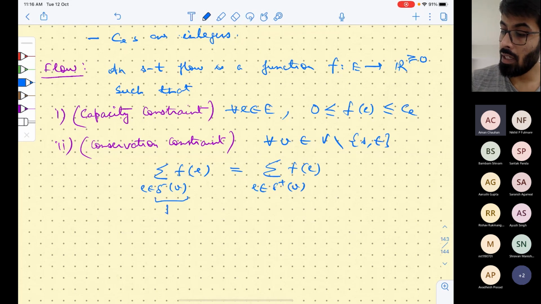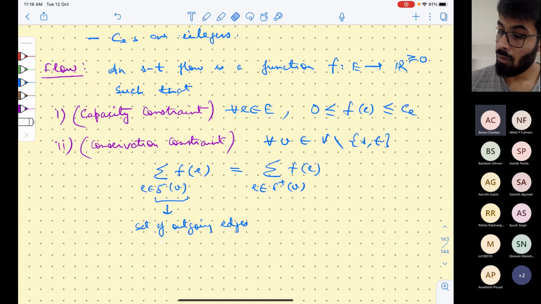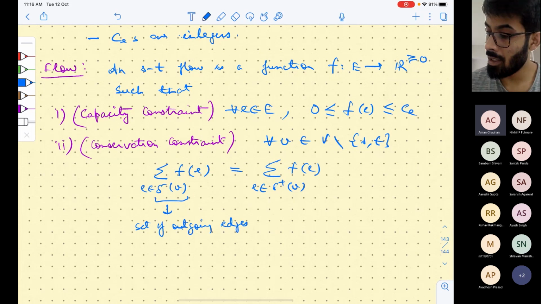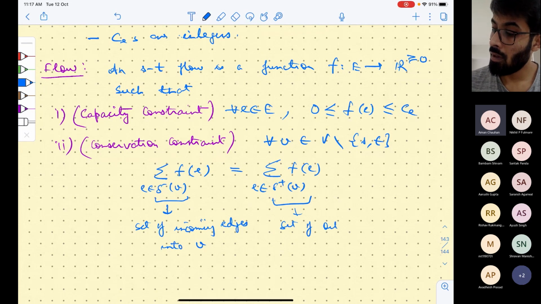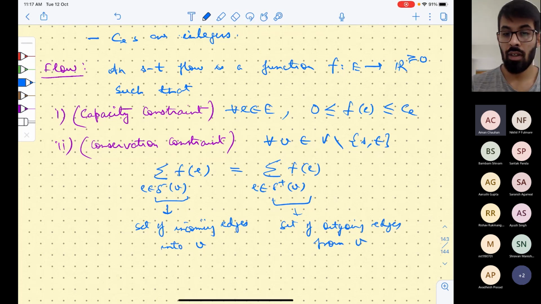So delta minus V is the set of incoming edges into V, and delta plus V is the set of outgoing edges from V. Right?